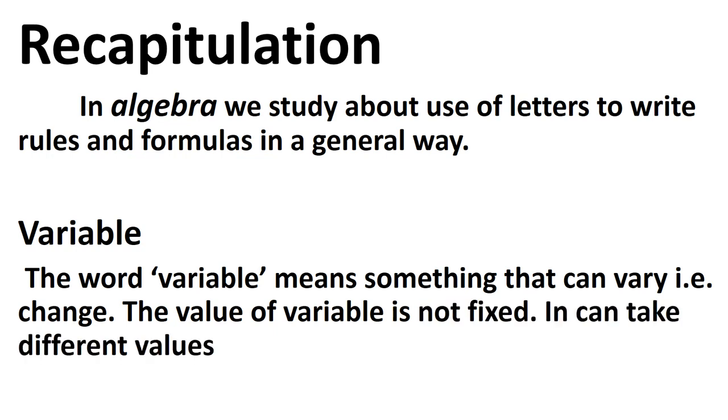It can take different values. If we take any letter x, then x is a variable, and its value can change. It can be x equal to 1, or 2, or 3, or any number.